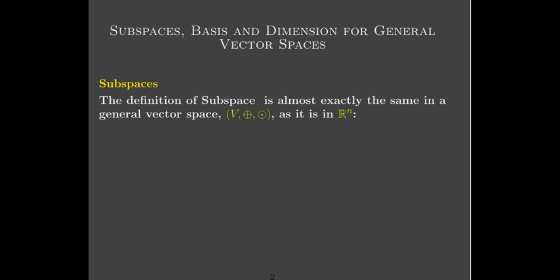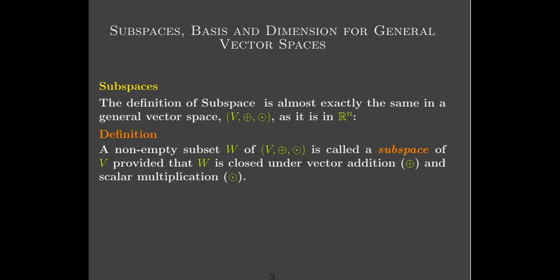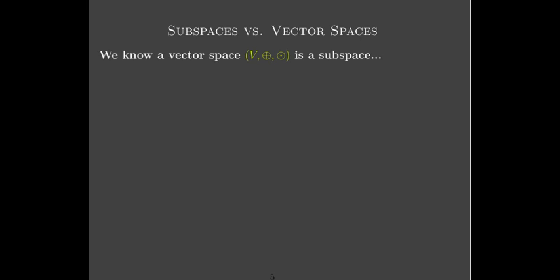If you have a subspace of a general vector space, that means using the appropriate vector addition and scalar multiplication for that subspace, then you cannot add your way out of that set W, and you can't scale your way out of it. So you're closed under vector addition and closed under scalar multiplication.